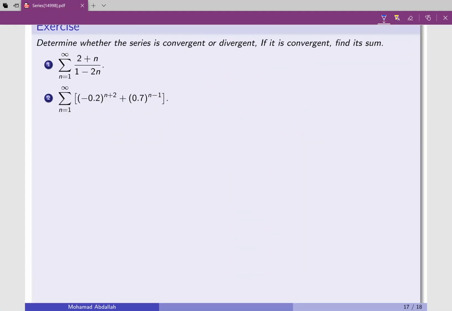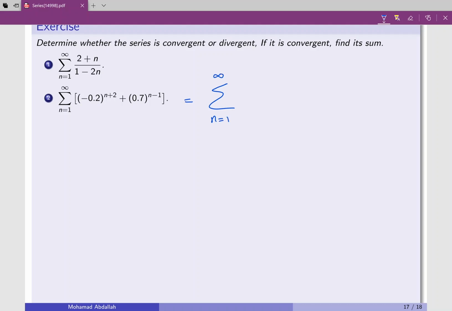Okay. Here, for the second example, I don't need to use the divergence test because I can see that this is geometric. Actually, it's a sum of two geometric series. This can be written as follows. This is the sum from n equals 1 to infinity.